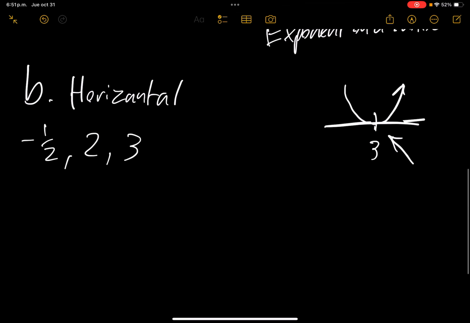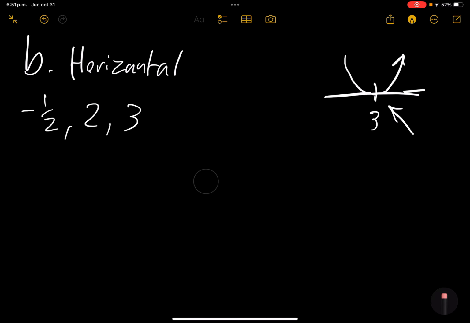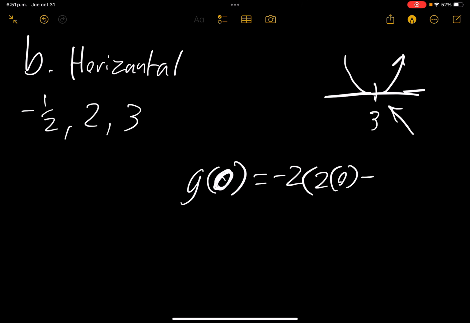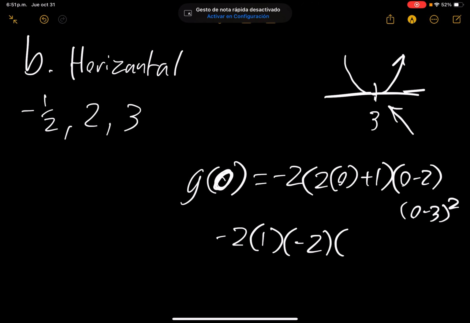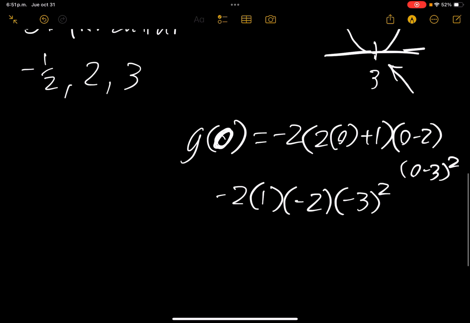So let's do it right here. We have g of 0, because we plugged in 0 for x, equals -2 times (2 times 0 plus 1) times (0 minus 2) times (0 minus 3) squared. All right? This is -2 times 1 times -2 times (-3) squared.